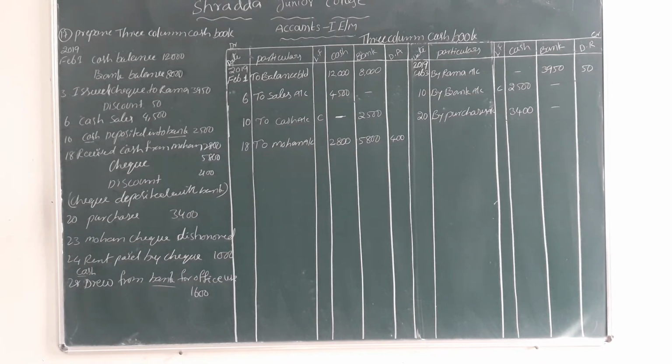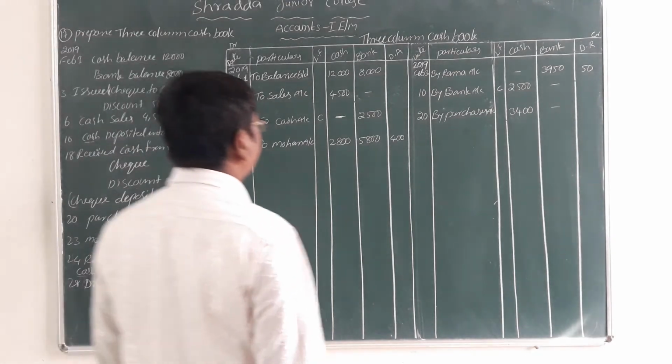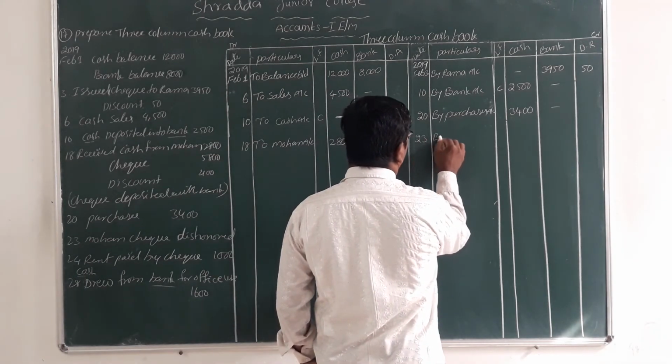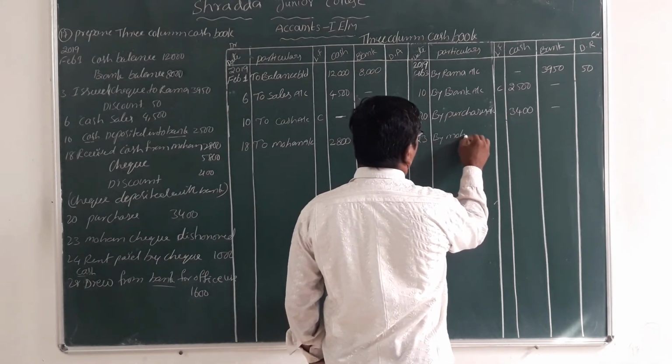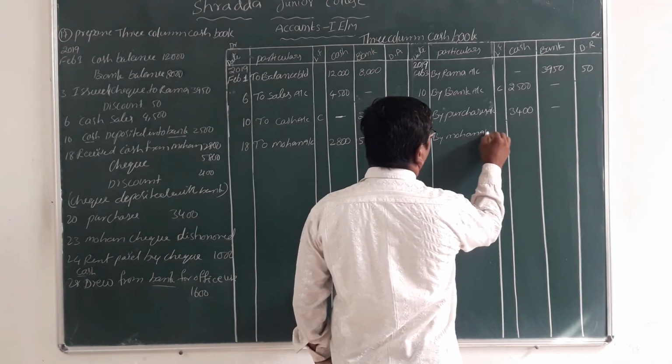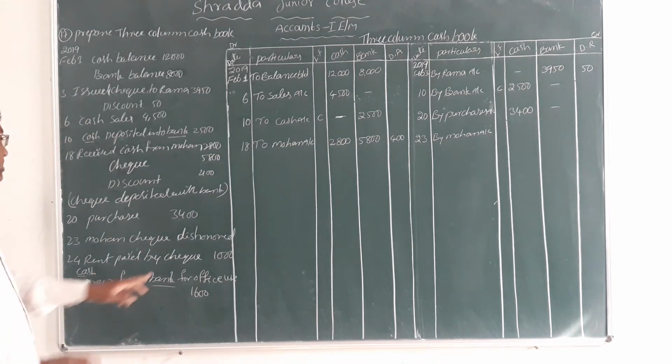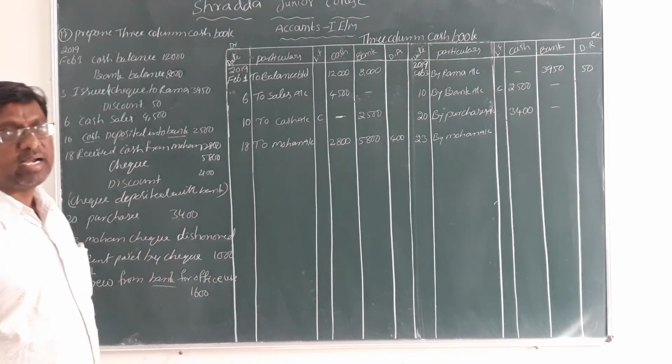How we can record that? 23rd date, Mohan account. Write on 23rd date, by Mohan account. Is it clear now? Why Mohan account? There is no amount given. Which amount we can take?